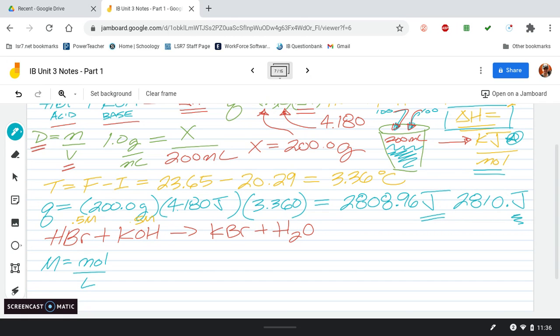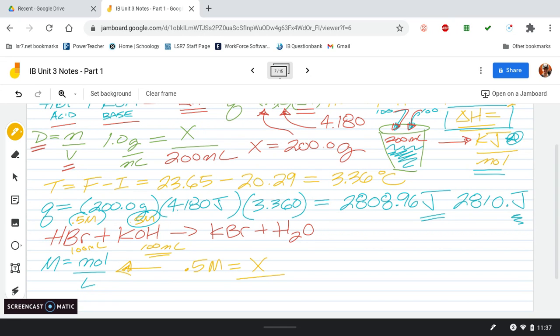Okay, so both of these were 0.5, and they were also both 100 milliliters. So they're both the same exact values. We can just plug either one into this; it doesn't matter because they're the same molarity, same volume. So let's put 0.5 molarity equals X over the 100 milliliters.